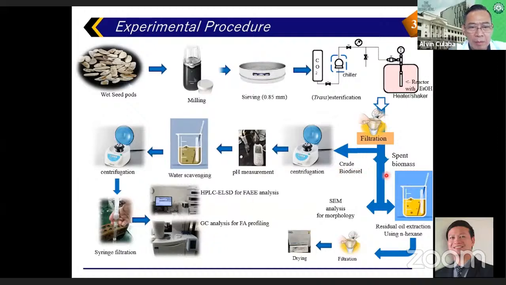On the other hand, the spent biomass was recovered and analyzed gravimetrically to quantify the residual oil and eventually estimate the amount of oil recovered in the process. Morphological analysis was also done using the fresh spent biomass.